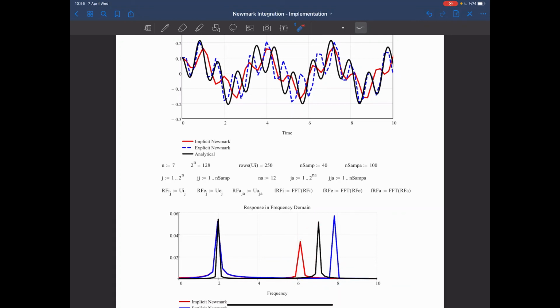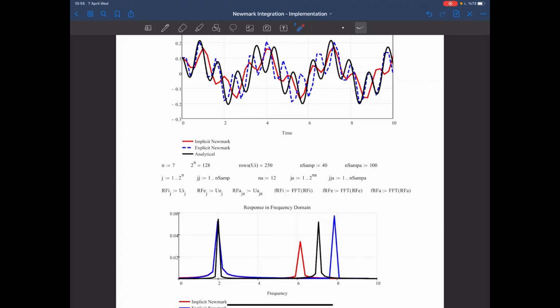This means that the natural vibration is somehow damped in the implicit Newmark algorithm with a large time step. And in the explicit approach, we see just the opposite. Now the natural frequency is larger according to these results, and the amplitude is also increased.